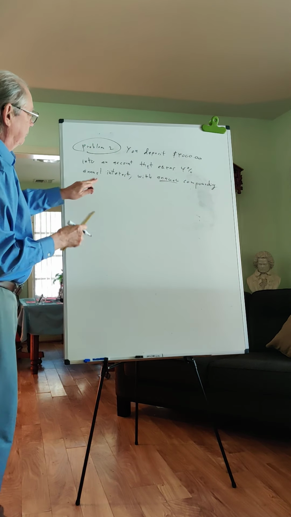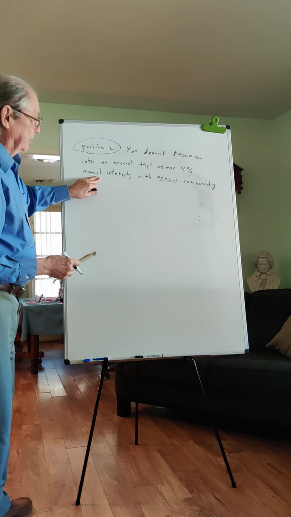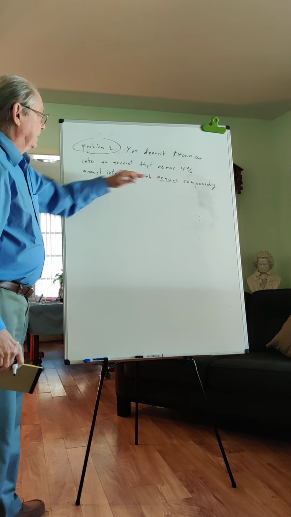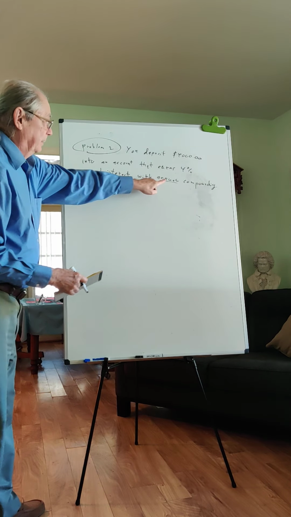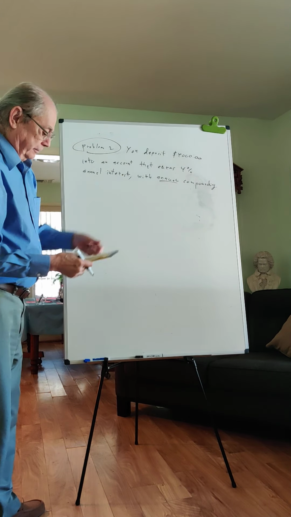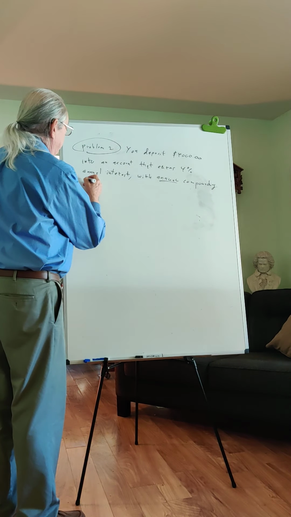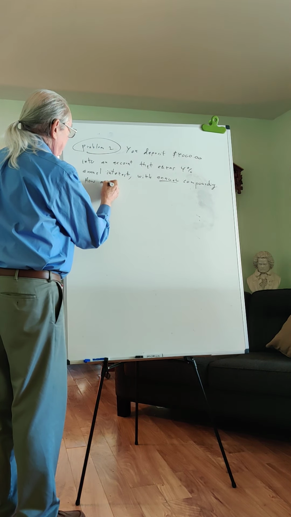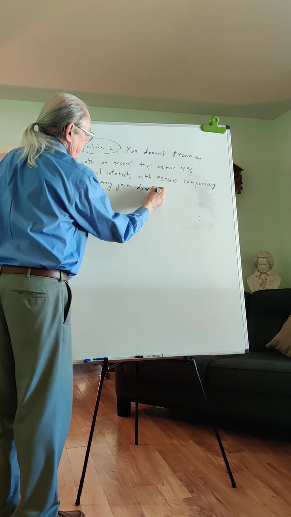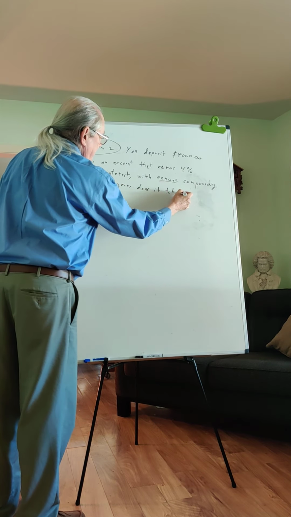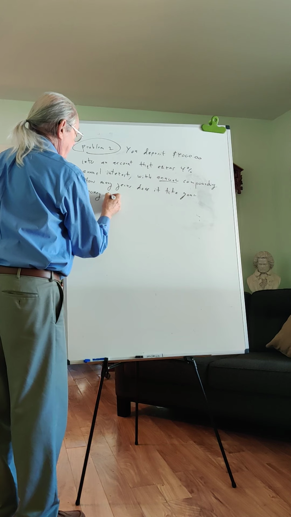Now, I use the adjective annual twice here, but I'm not being redundant. We might have had 4% annual interest with monthly compounding or daily compounding. I have to specify this. This word has to occur in two places. So how long does it take your money to double? How many years does it take your money to double to $8,000?